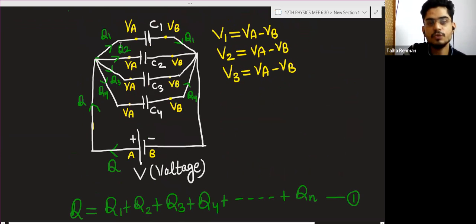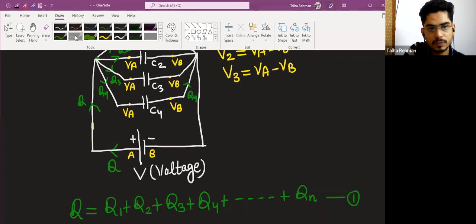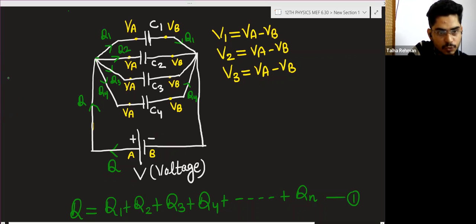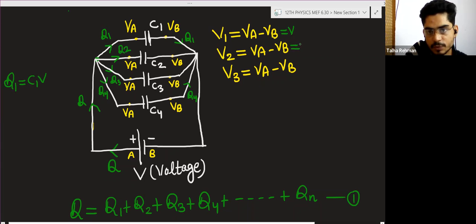From here you can see, if you want to find Q1, you will write C1 V1, and V1 is V. I am supposing V1 as V. VA minus VB is equal to V. Actually it is not supposing, because this is equal to V. Here Q1 is C1 V1.